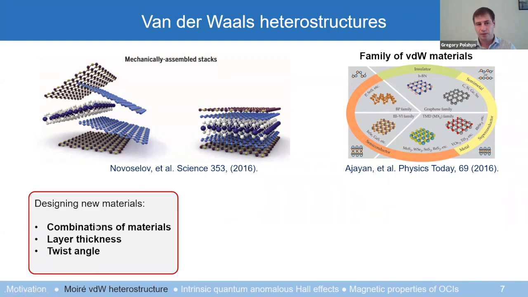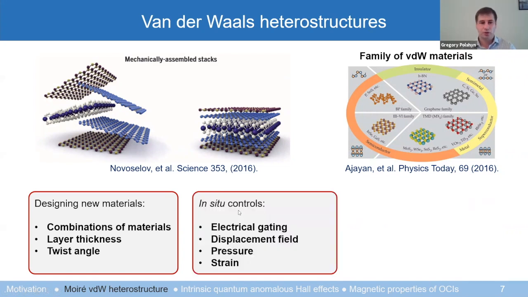And this gives us a very versatile way to engineer new two-dimensional electronic systems. We can use different combinations of materials, vary layer thickness, and also use angular alignment between the different layers. So today I will focus on systems which are composed of graphene and HBN.